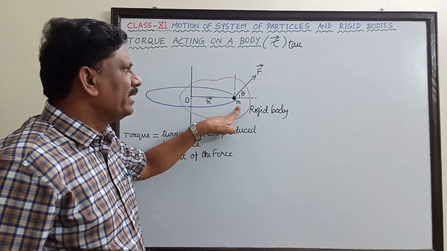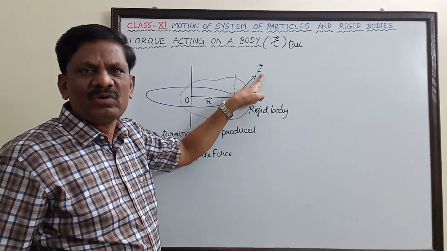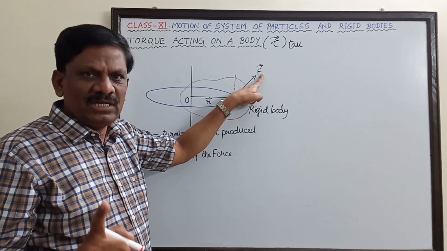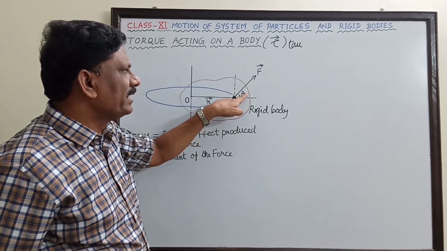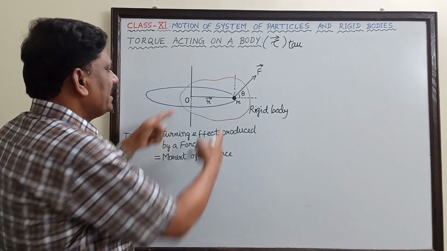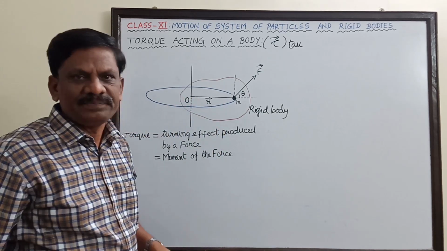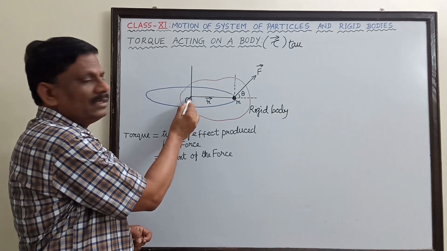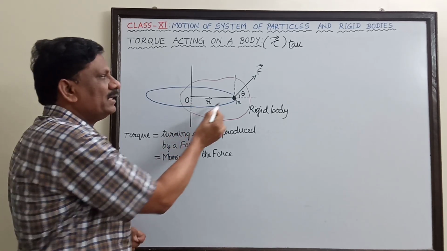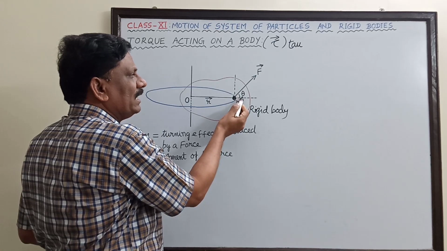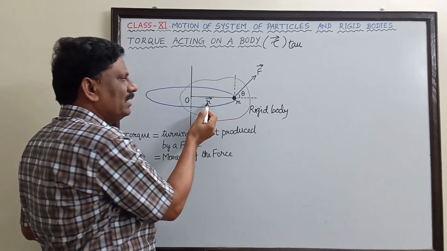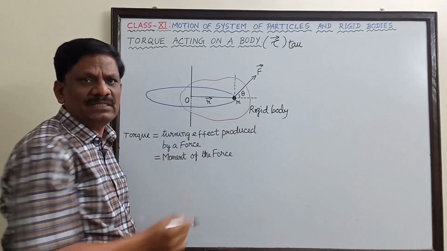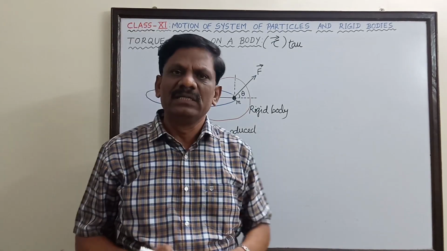On that particle, if I exert a force F such that the force vector makes an angle theta with the direction of the position vector. The position vector of the particle from the fixed point O is r vector, and the angle made by the force vector with the position vector is theta.